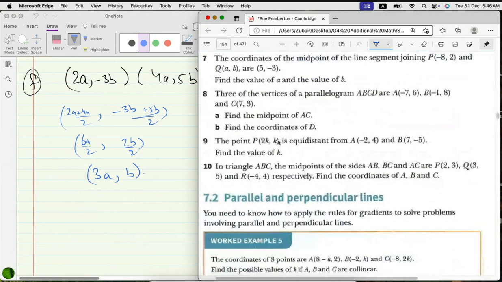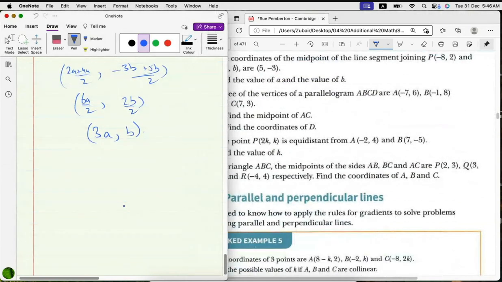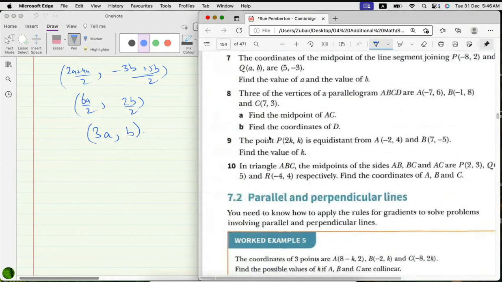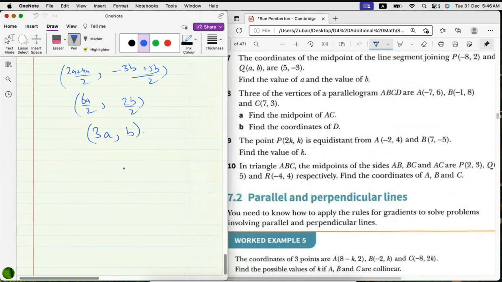Number 7, we work out A and B. Condition is given, midpoint is given, coordinates of P and Q are given.